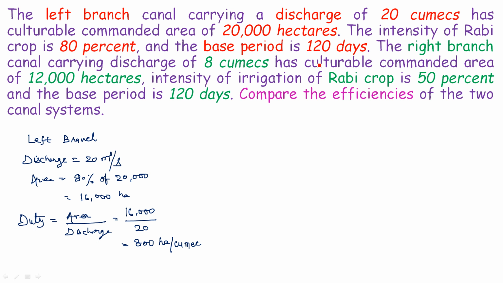For the right branch, the discharge is given: the right branch canal is carrying a discharge of 8 meter cube per second, and the culturable command area is 12,000 hectares, and the intensity of Rabi crop is 50%. So the area will be 50% of CCA.